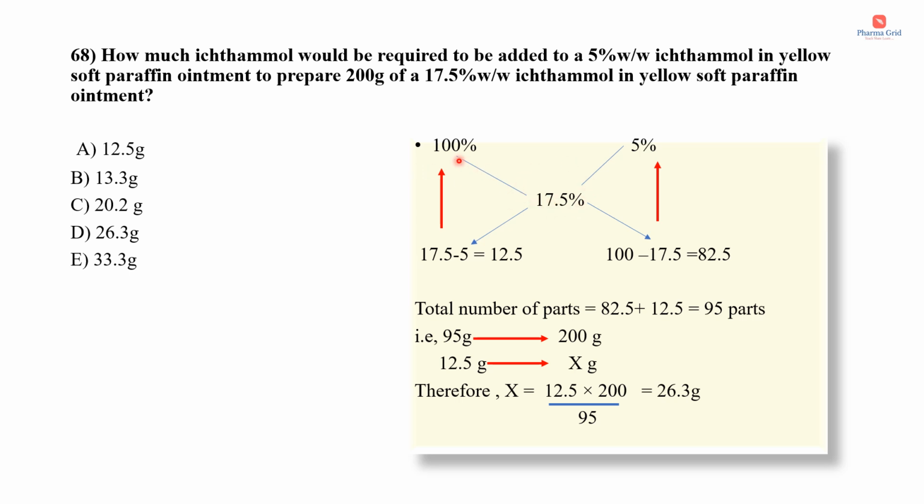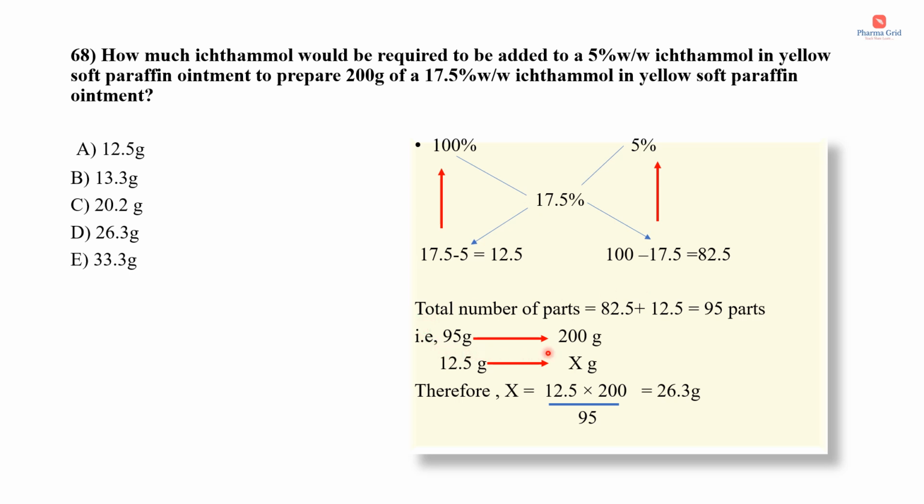Applying the alligation method, 100 minus 17.5 is equal to 82.5, and 17.5 minus 5% is equal to 12.5. So the total number of parts will be 82.5 plus 12.5, that is equal to 95 parts.